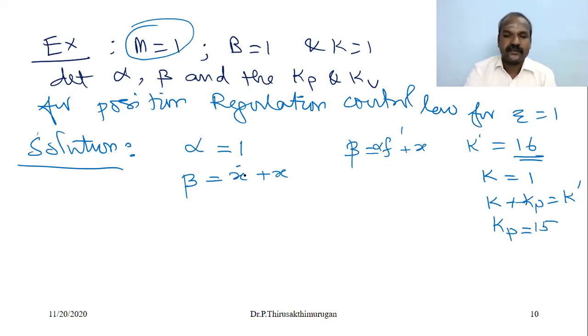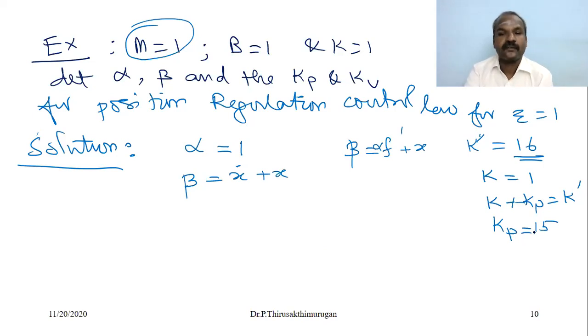So that the system appears as a unit mass with f dash as its input, we then set gain Kp to the desired closed loop stiffness. What is the desired closed loop stiffness? K dash equals 16.